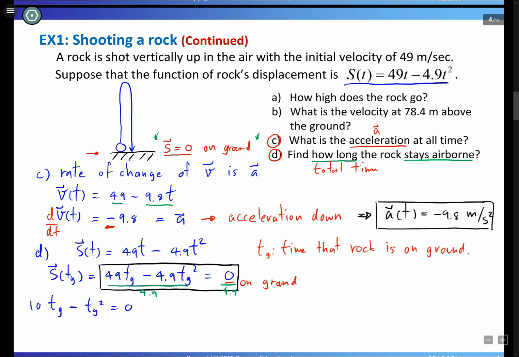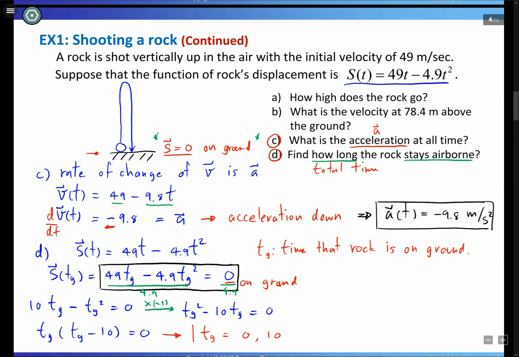And now I multiply both sides by minus 1, I get Tg squared minus 10 Tg equal to 0. And now I take the common term to the front. Tg at the front, and then I have Tg minus 10 at the back equal to 0. Now I solve this and I get two values of Tg. Tg equal to 0 and 10.